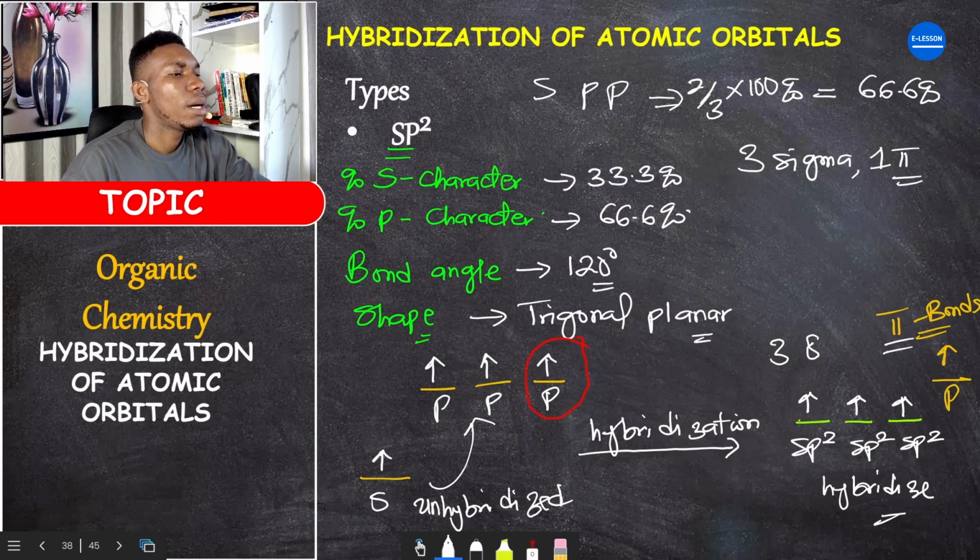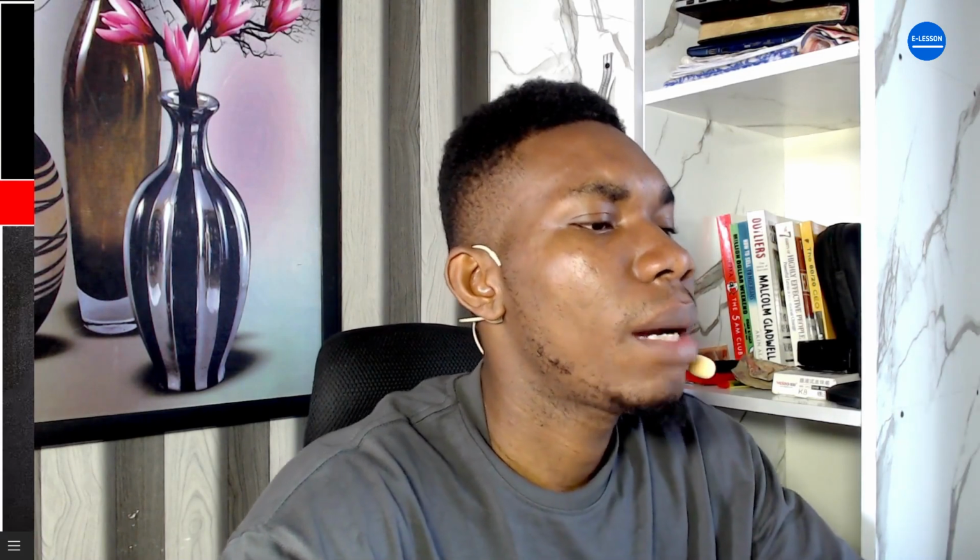Is that okay? I believe what we have been doing so far is not too complex for any one of you to understand. So we have basically 3 types of hybridization. You should take note of that. Basically 3 types. All right.